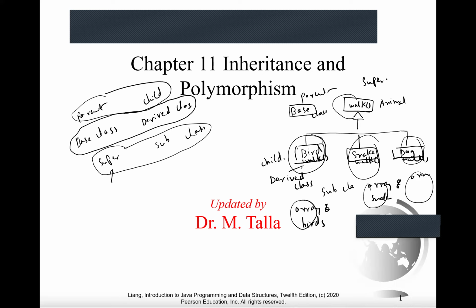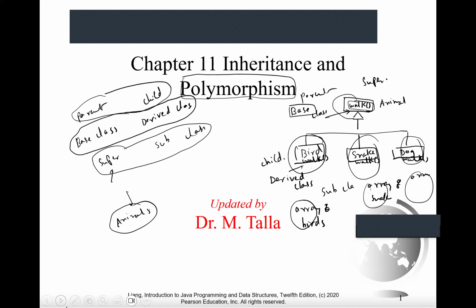But the beauty of polymorphism is it will allow you to create an array of animals. You understand me? You can create an array of animals and execute the walk method, which you did not even write here.